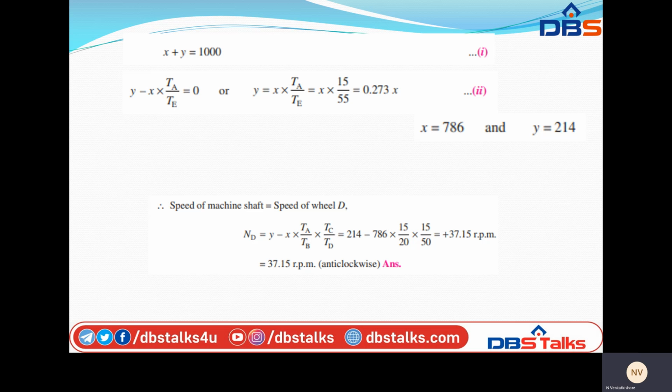That is equal to plus 37.15 RPM. Plus means anti-clockwise direction. So ND is equal to 37.15 in the anti-clockwise direction.